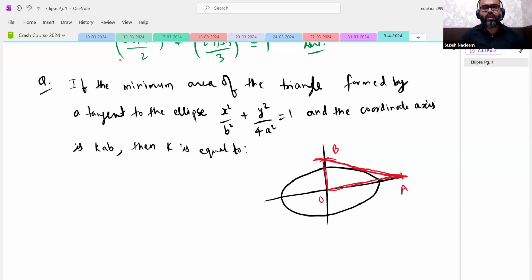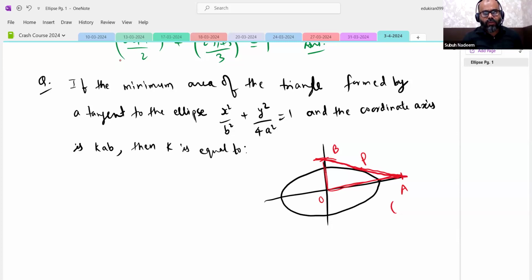This is touching the ellipse at a point P. Here it is the tangent. So the minimum area of the triangle formed by a tangent to this ellipse and the coordinate axis is KAB. Then K is equal to, this has been asked. So this A point here is the intersection of the tangent with the x-axis.